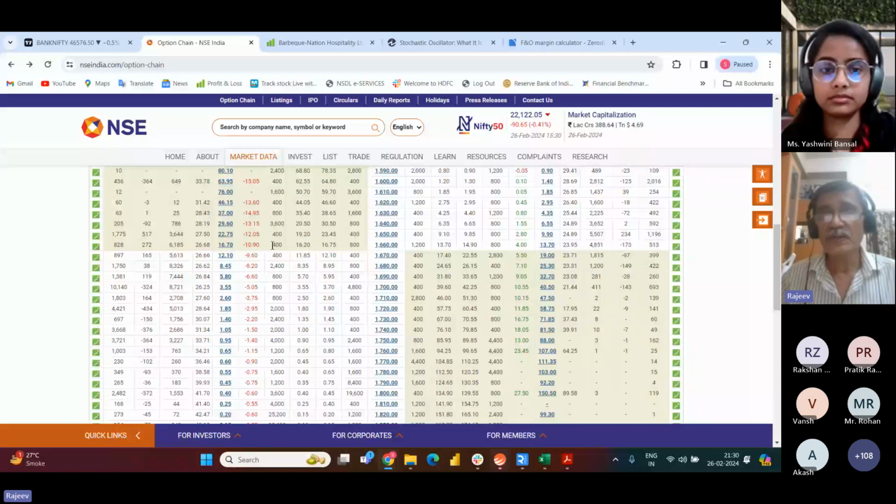So why these two different views? If I'm a buyer, if I'm bullish on Infosys, I will say that I want to buy this 1660 call because I'm hoping that the price will go up to 1700, so almost 40 points. And by that, the call price also will increase by about 40 points.